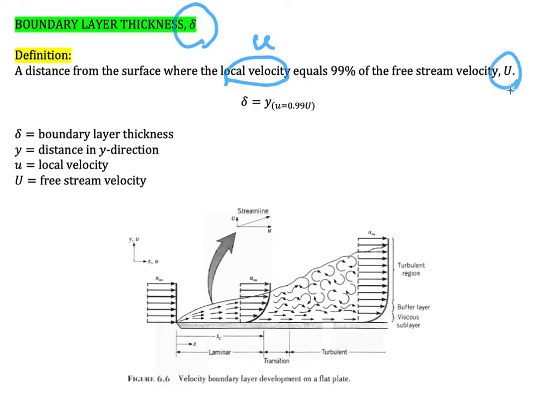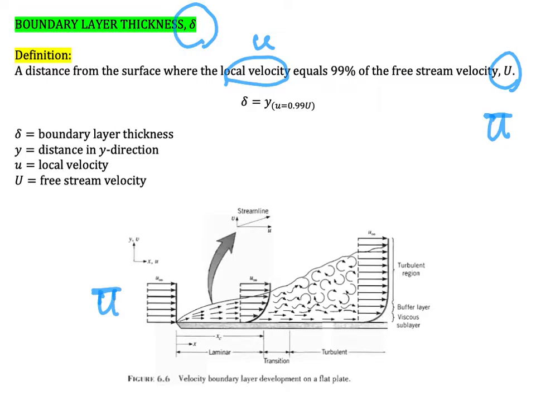In my handwriting, I also propose that if you write the capital U in your final exam later on, please write it as U with a bar like this. This is just to differentiate small u and capital U, because the capital U is the velocity in this region, meaning the velocity before the flow reaches the flat plate surface.